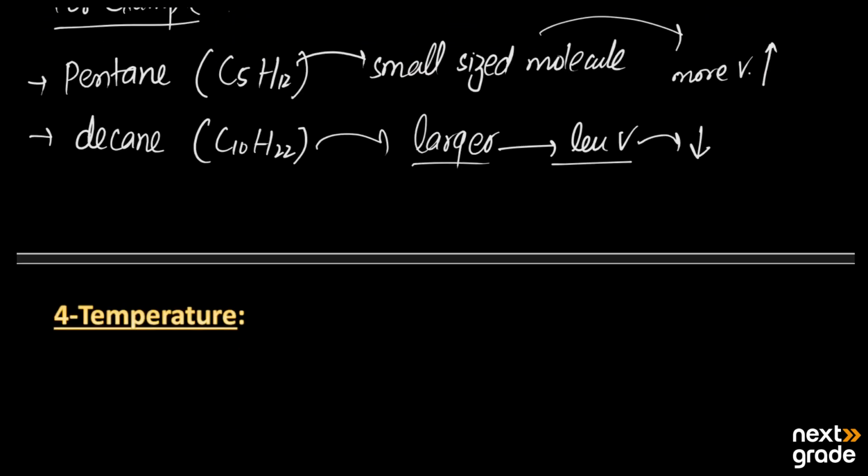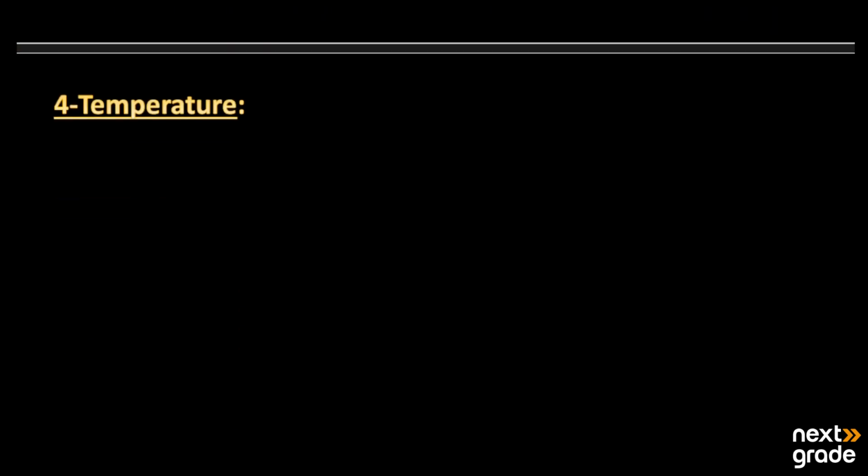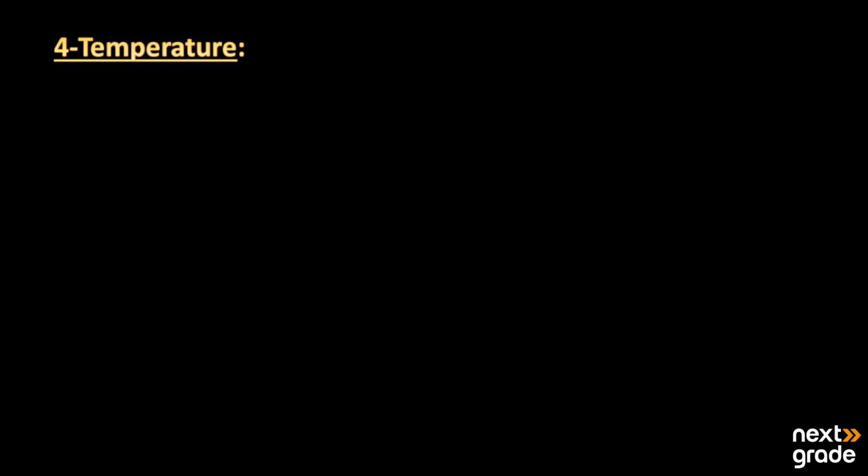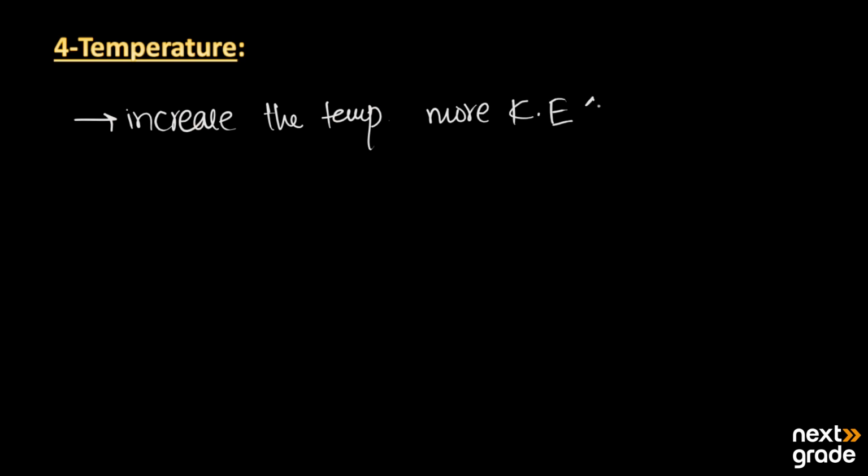And the last factor we have is the temperature, and how the temperature is going to affect it. For example, if we increase the temperature, then there is more kinetic energy of the molecules, and there is a formation of more vapors, and there will be high vapor pressure.